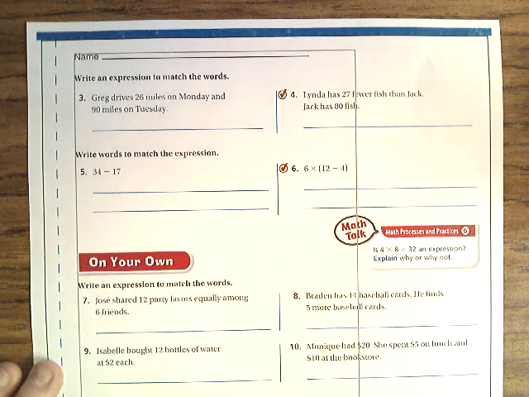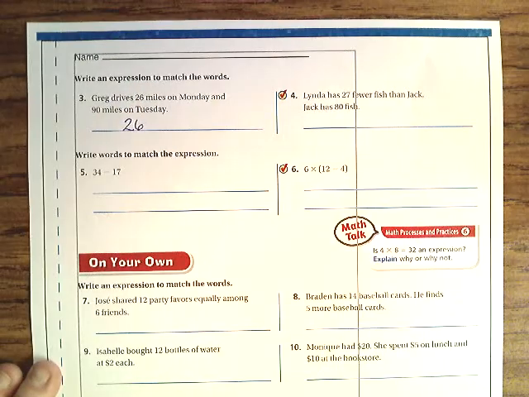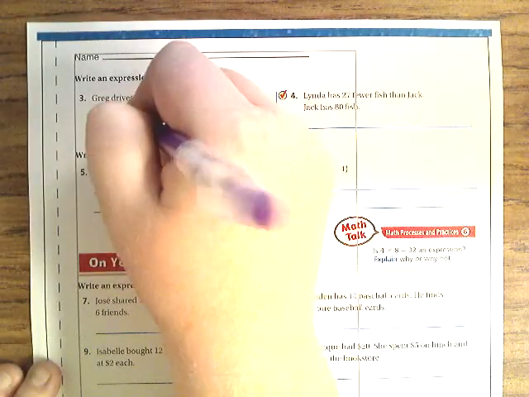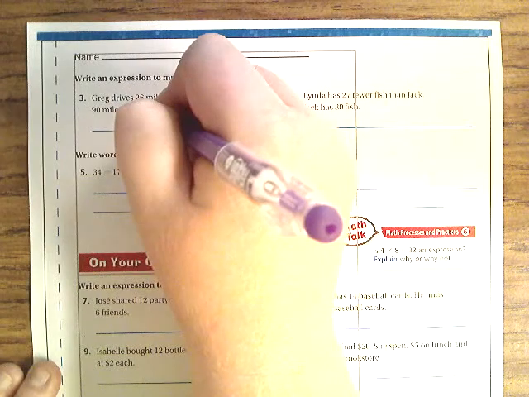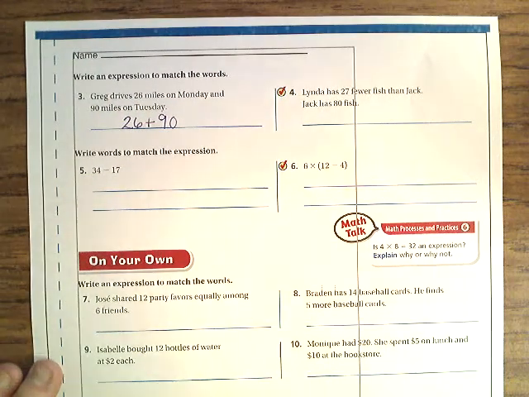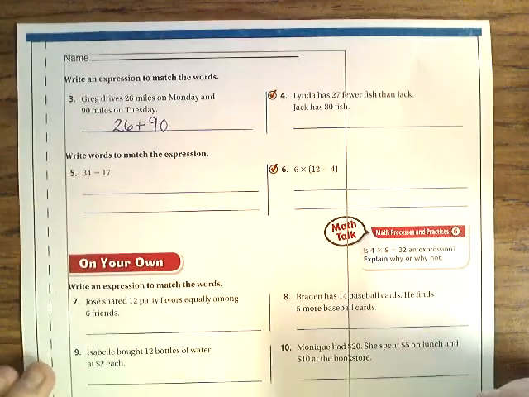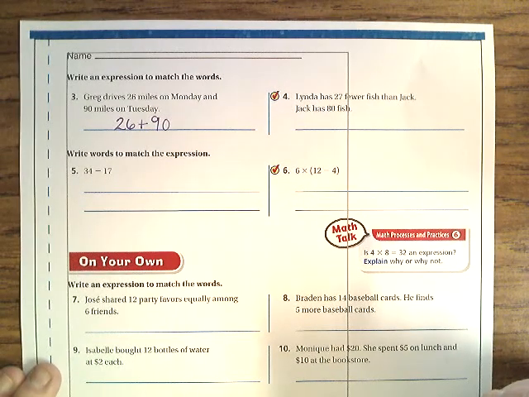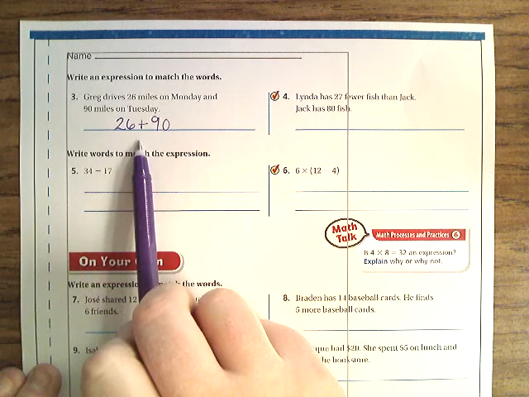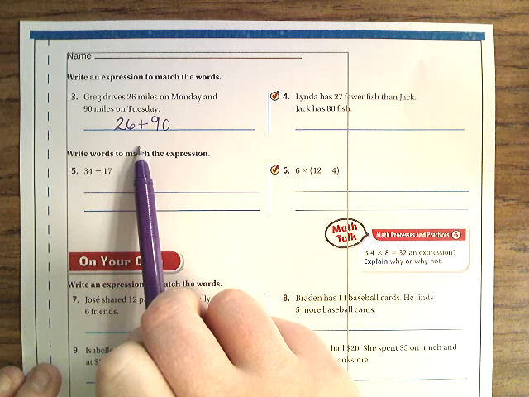So Greg drives 26 miles on Monday, and he adds another 90 miles on Tuesday. So 26 plus 90 is our numerical expression. We do not put the equal sign. We just want the expression. We don't want the answer.